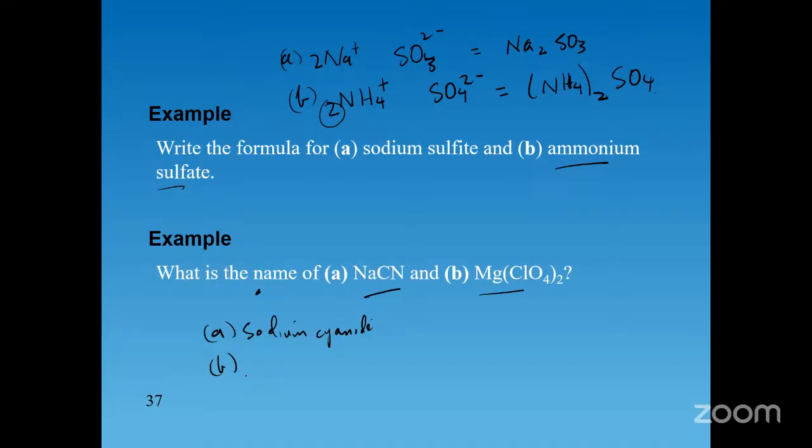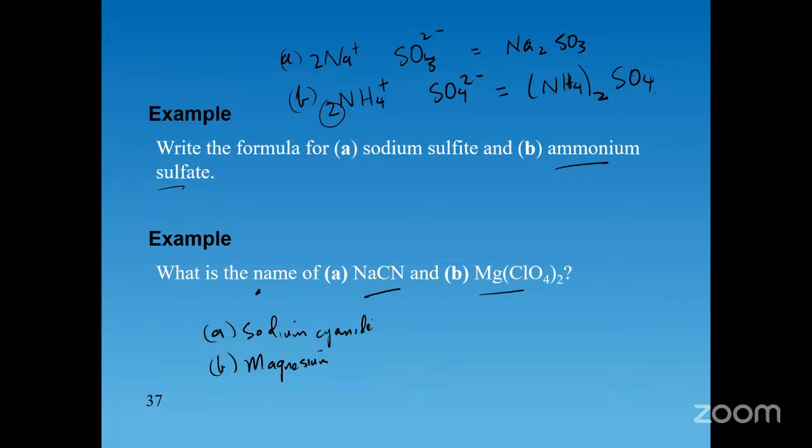Again, you might have to refer to the list of ions. Magnesium. Magnesium what? Two? Nope. You don't indicate 2 because magnesium can only form a +2 charge, right? According to IUPAC, indicating the charge would be redundant.